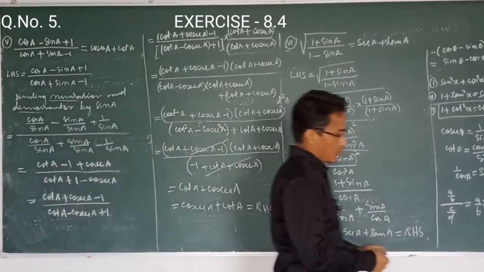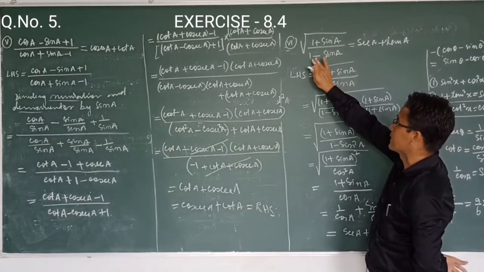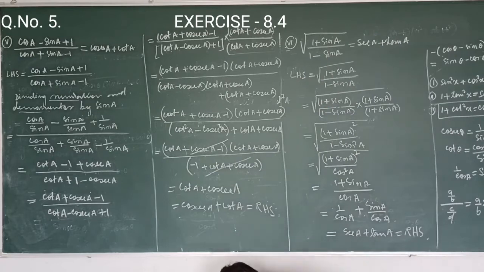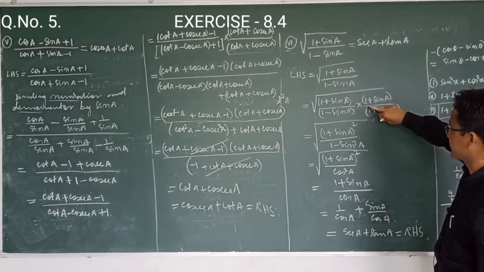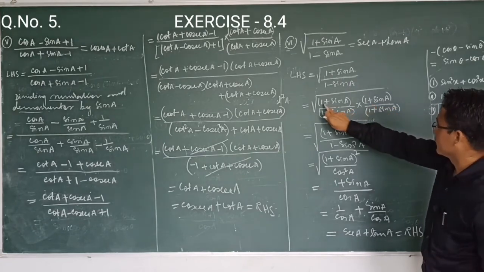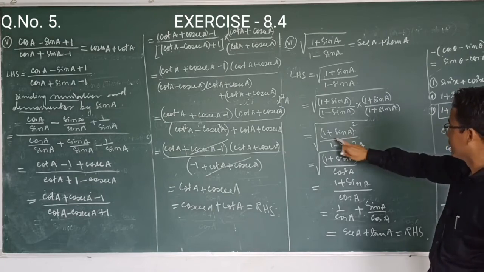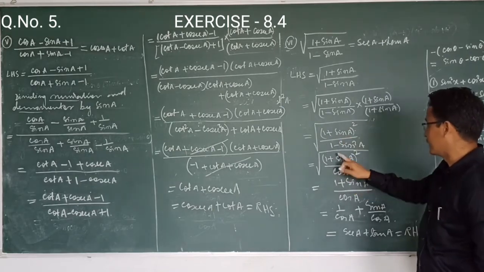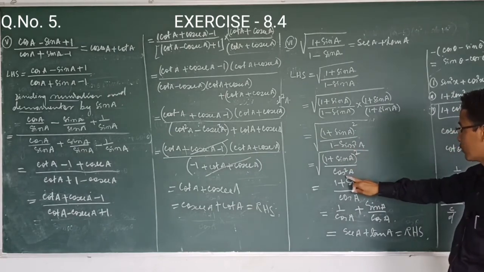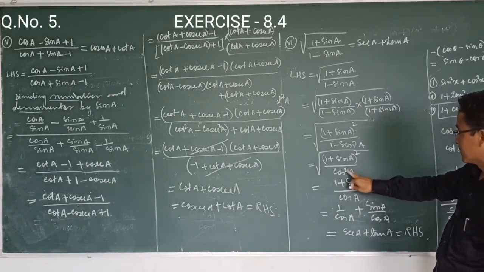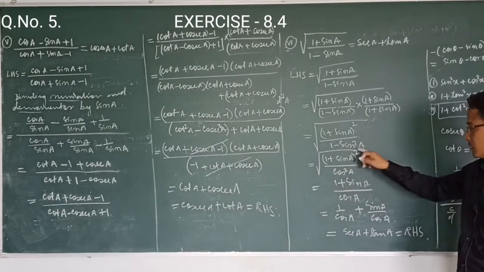We proved it. Once again I explain it. So we take the left hand side of the question number 6. Okay, we take the left hand side, then under the root we rationalize. Okay, then these two multiply, then we will get 1 plus sin A whole square, then 1 minus sin square A. So 1 minus sin square A, we know that is cos square A. So both are square, that means this root over is gone.